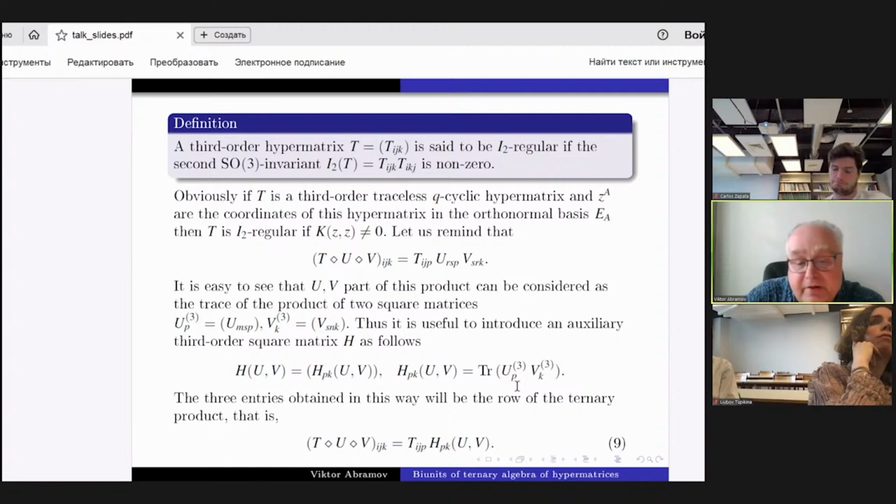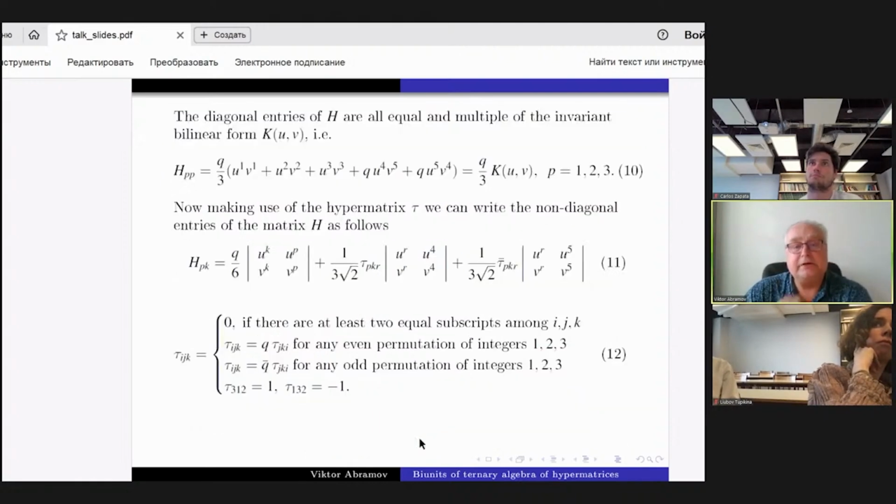But what does it mean? It means that if they are equal, then here I will have a delta, which means that I simply multiply this T by this bilinear form, which is very similar to a neutral element, to the right biunit.